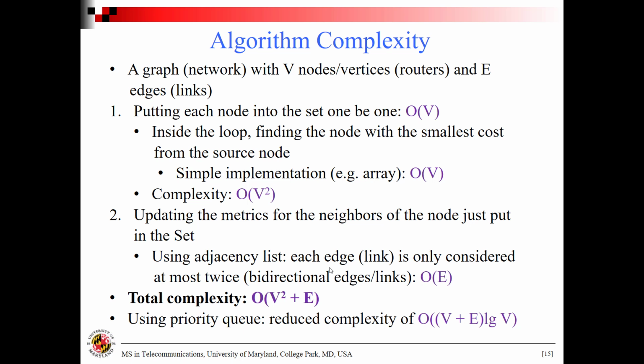But at any rate, the total amount of work throughout the whole algorithm will be proportional to the number of edges. Okay, so it's order of E. So the total complexity will be the sum of these two, and that is V squared plus E.